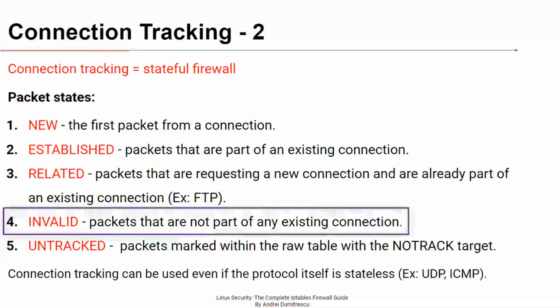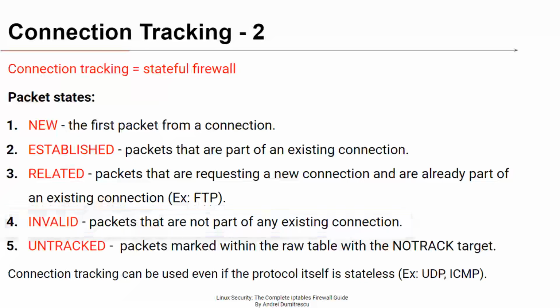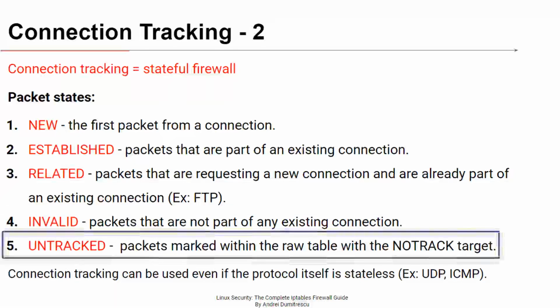These packets cannot be identified in any state. Generally, it is a good idea to drop everything in this state. And the last state is called untracked and it's not so often used. Briefly, if a packet is marked within the raw table with the NOTRACK target, then that packet will show up as untracked in the state machine.